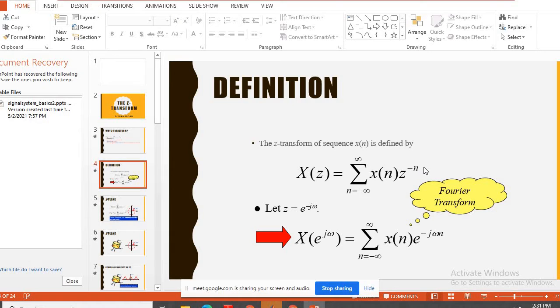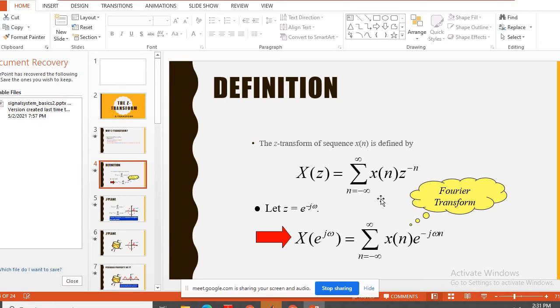This is the basic model, which we call the analysis equation of Z transform. With the help of this equation we are going to solve. In general, we give the limits as minus infinity to plus infinity.